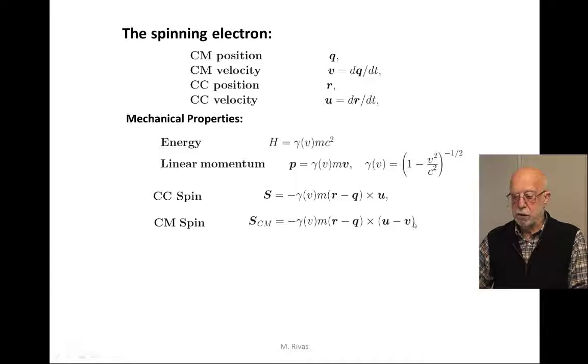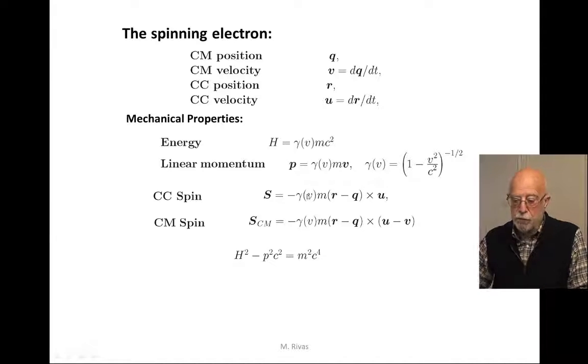This structure is obtained through the general formalism when analyzing the invariance under rotations of the dynamical equations of the spinning electron. As before, H and P are not independent, and they satisfy the same second degree equation, this quadratic equation, as in the point particle case.